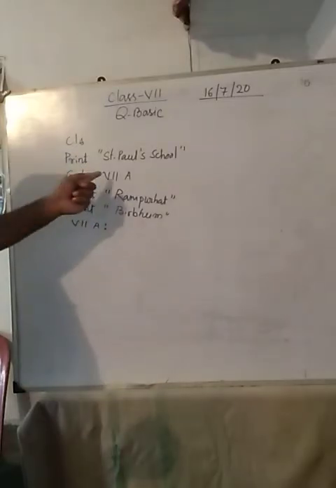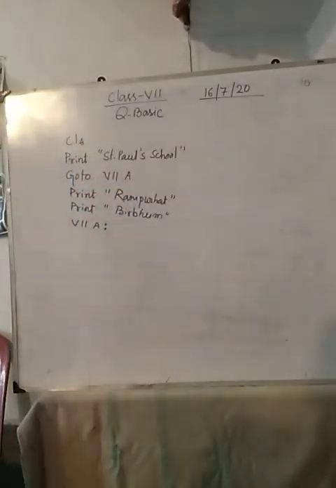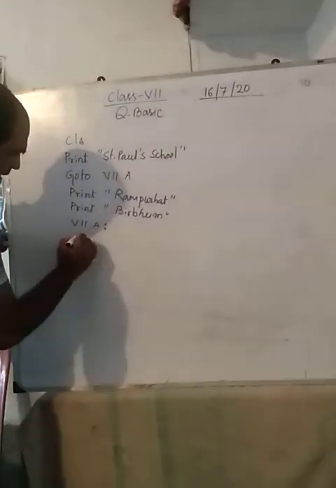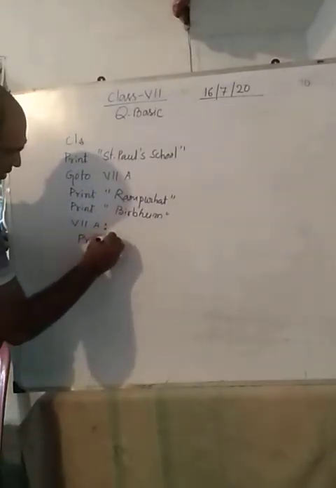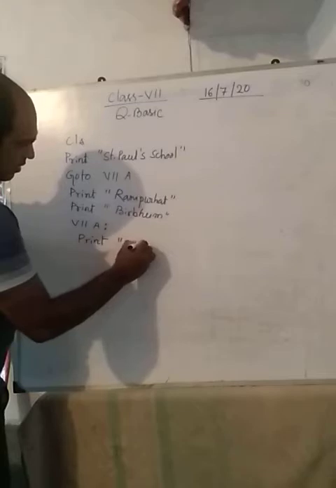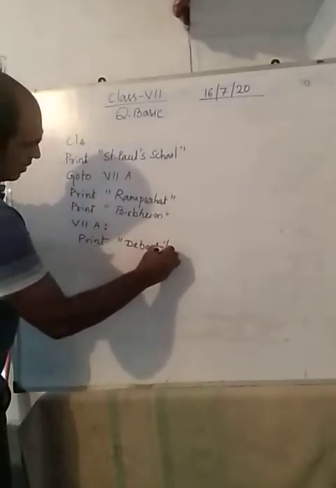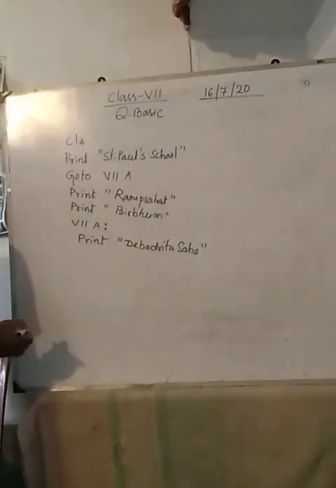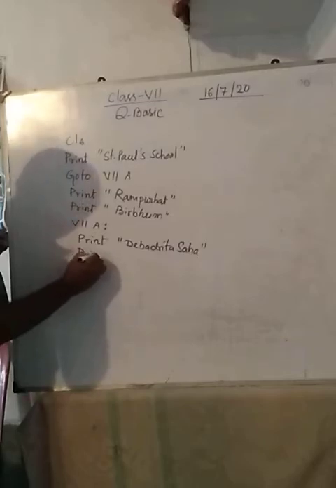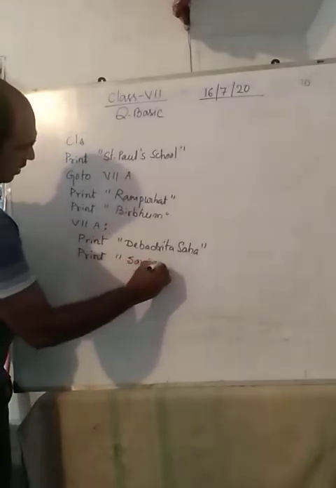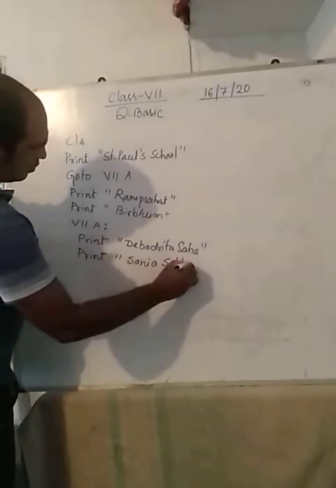Just follow it here. I have written here St. Paul's School, go to 7A. Then print Rampurhat, print Birbhum. Then 7A. In 7A what did I write here? Here I have written print Devadrita Saha. And next I wrote print Shania Sultana.